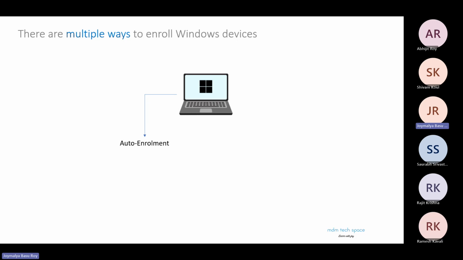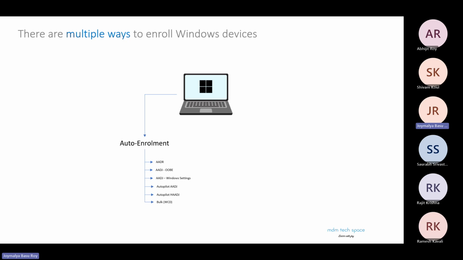But let's first focus on automatic enrollment, and which join types of devices this works for. You can have an Azure AD registered device with MDM auto enrollment. Similarly, for Azure AD join you can have auto enrollment.